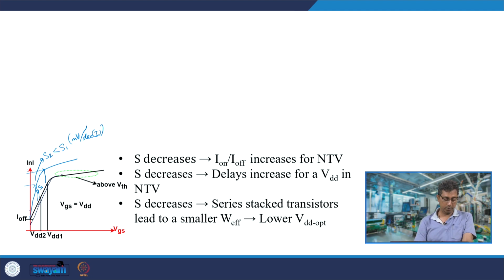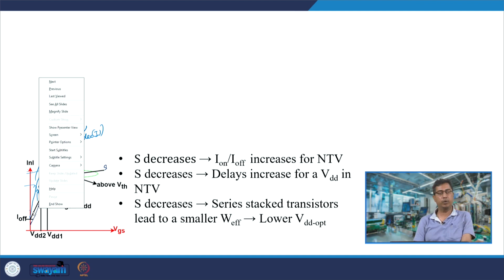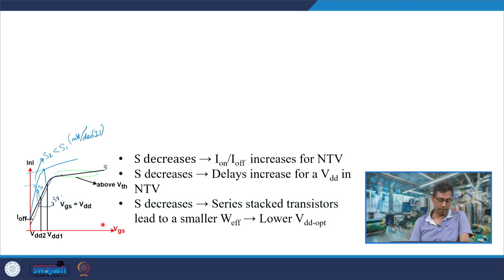Suppose this is S3. Now you have reduced the value of subthreshold swing in S3 from this value, but you have also changed the value of Ioff. So, what happens in this case?